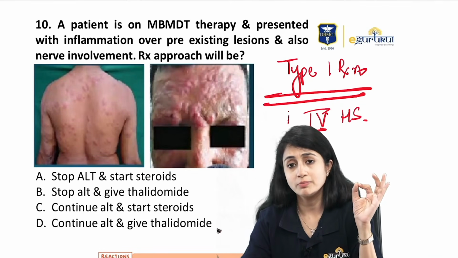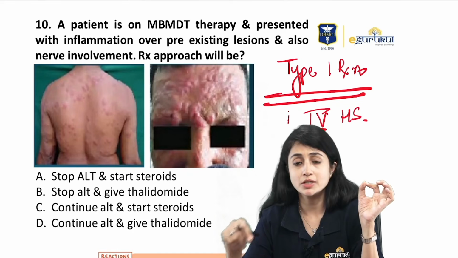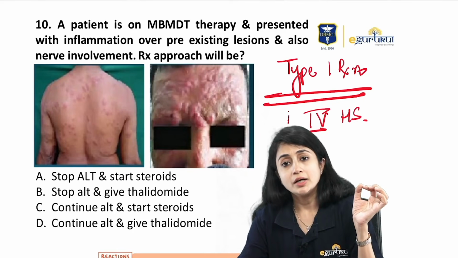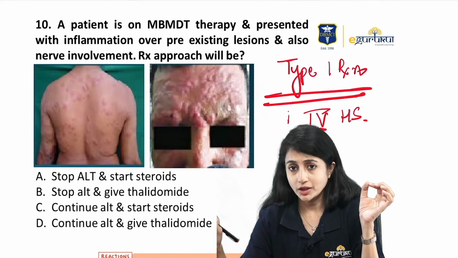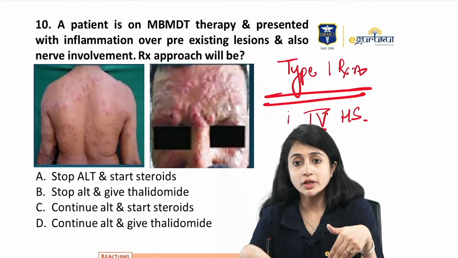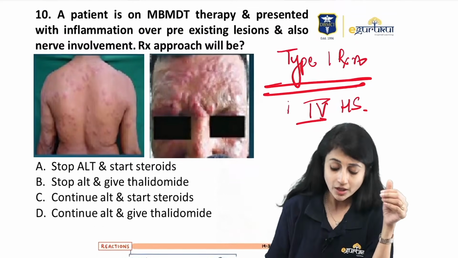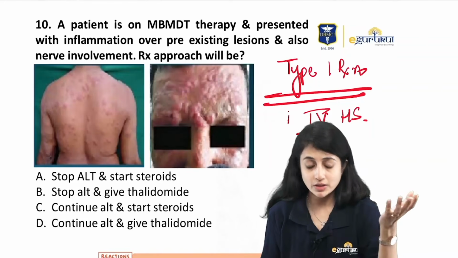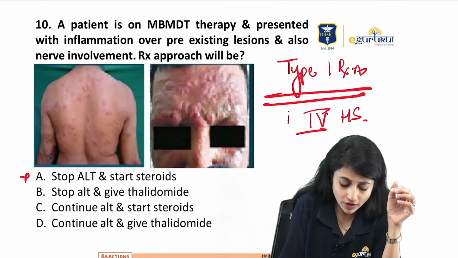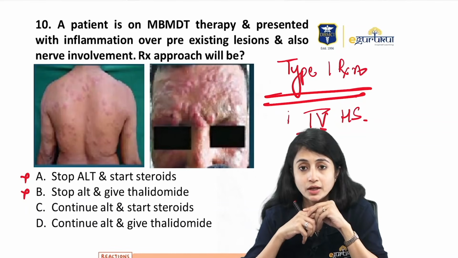They would not mention MB-MDT, because when you start MB-MDT and a patient develops a reaction, it is called an upgrading reaction. This is usually a type 1 reaction. But even if it was a type 2 reaction, according to my options, the answer would not change. Any kind of reaction a leprosy patient develops, you never stop ALT. We had talked about this. So obviously these two are not in consideration.